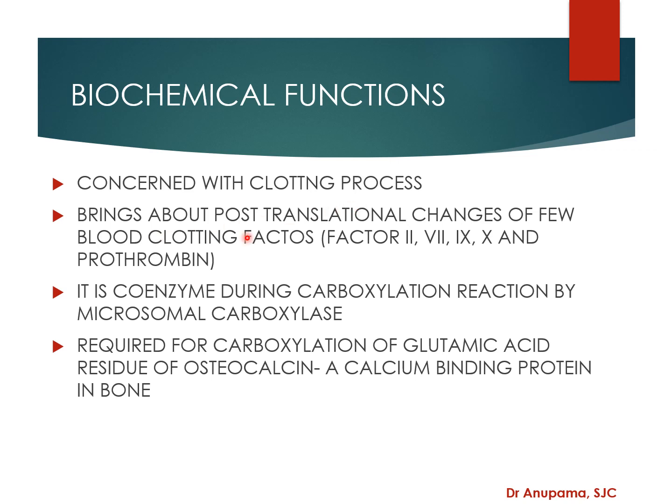It brings about post-translational changes of a few blood clotting factors like factor 2, factor 7, 9, 10 and prothrombin. It is a coenzyme during the carboxylation reactions of microsomal carboxylase, and it is required for carboxylation of glutamic acid residue of osteocalcin, a calcium binding protein present in the bones.